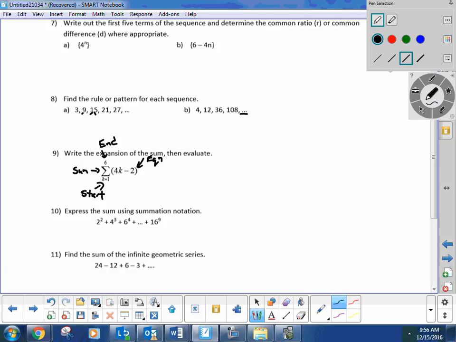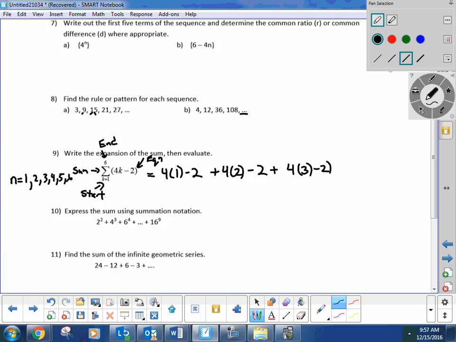So simply put, this is saying that I'm going to go ahead and add values 1, 2, 3, 4, 5, and 6. So that means that this expanded looks like this. 4 times 1 minus 2, plus 4 times 2 minus 2, plus 4 times 3 minus 2.